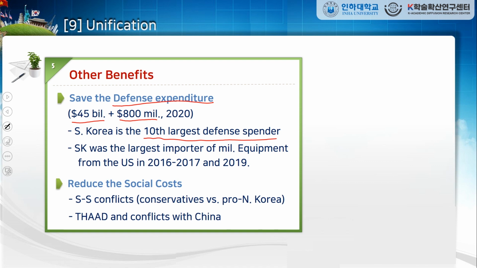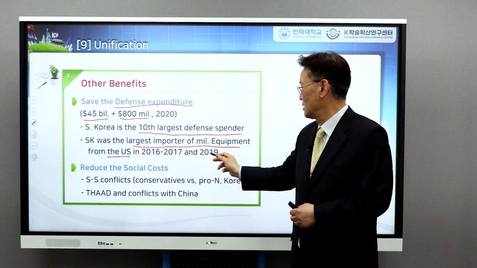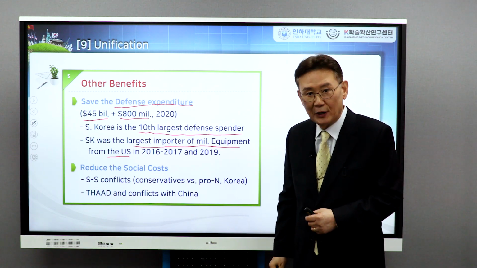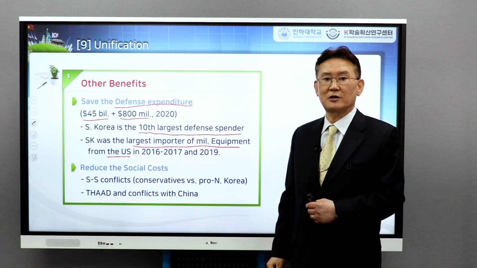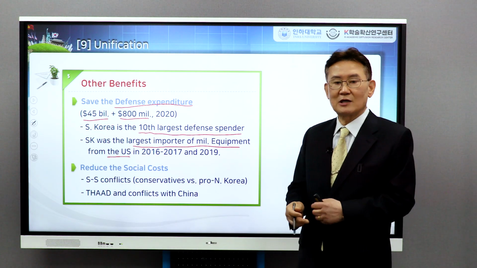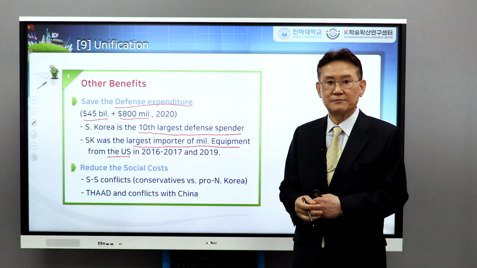South Korea is spending more than 2% of its GDP on defense. I think that is too much. And also, South Korea was the largest importer of military equipment from the United States in the years 2016, 17, and 19. And last year, Japan was the largest importer of American military equipment. In the year 2000, Saudi Arabia was the largest importer.